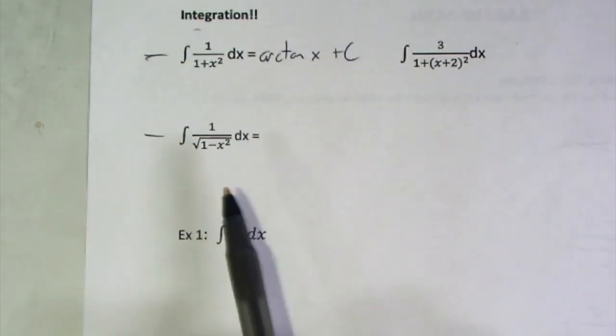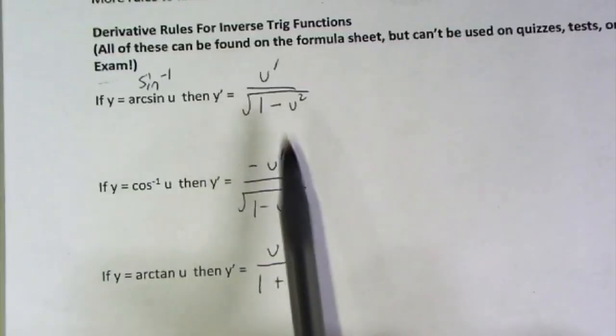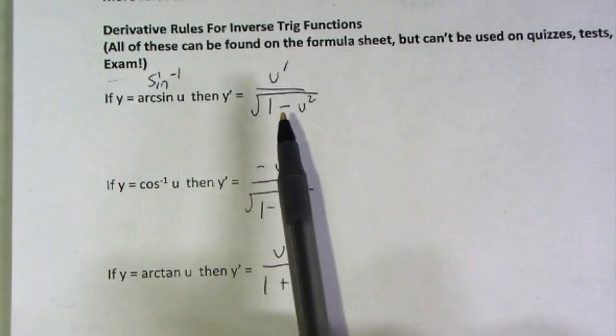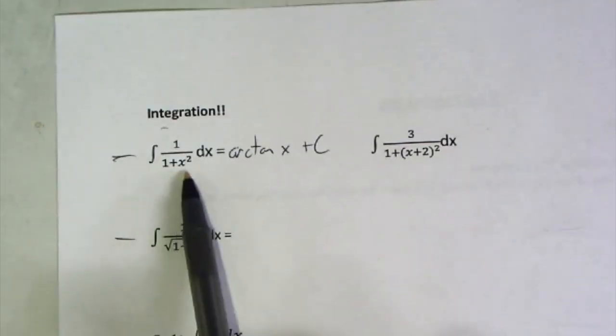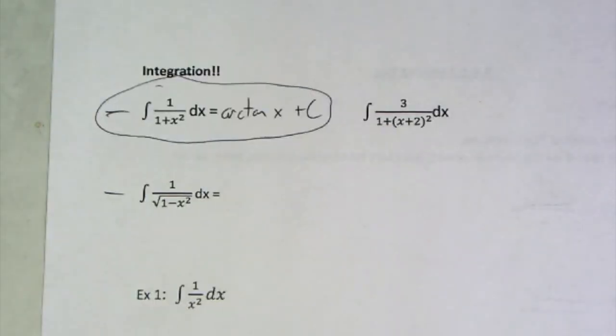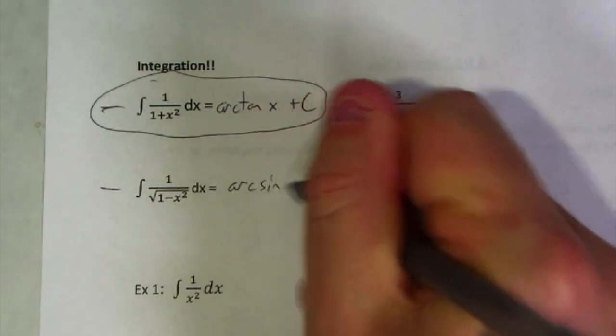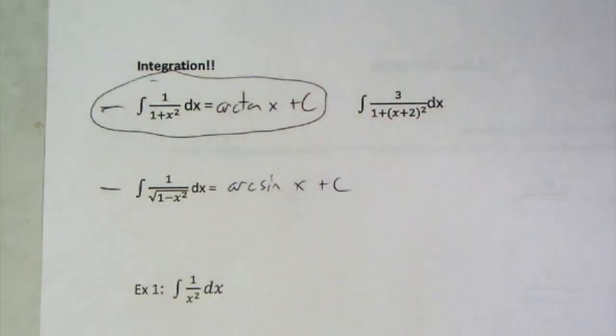And if we have 1 over the square root of 1 minus x squared, well, look, that's our arc sine formula, essentially, right here. So this one shows up a lot less than this one. This is the one you're really going to have to know, I would say. Out of all this that you're learning today, that's the big one. But this one would become arc sine of x plus c. And that's it.